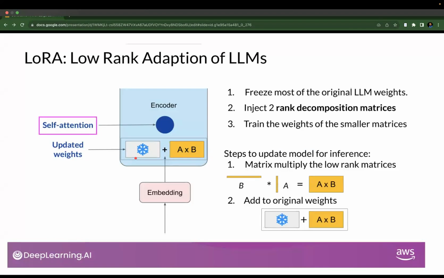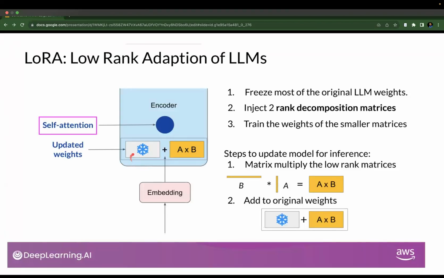The two matrices have low rank, but the dimensions of the matrices are such that once they are multiplied, the output matrix has the same dimension as the weights of the original model. And then we add these two matrices and we perform the iterations and keep on training it.